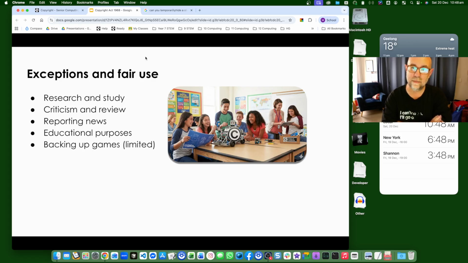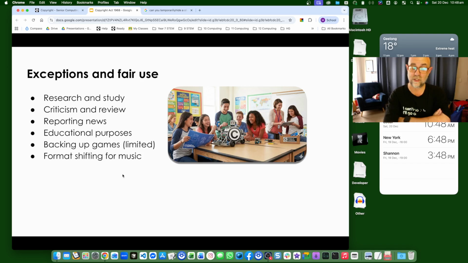You can't share that backup with anybody. It's not permission to make multiple copies of it. You can just make a copy B in case something happens to copy A. But in most instances, you actually can't do it because of copy protection. So there's a lot of misunderstanding about that.